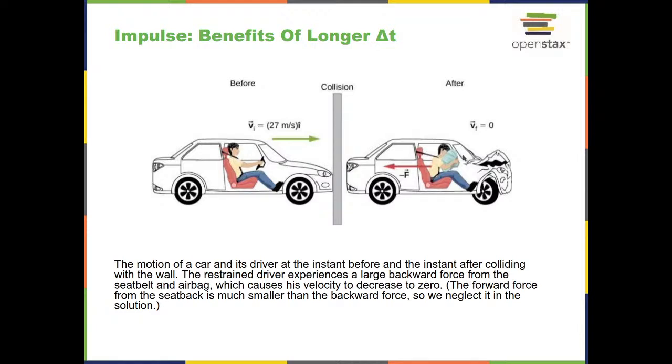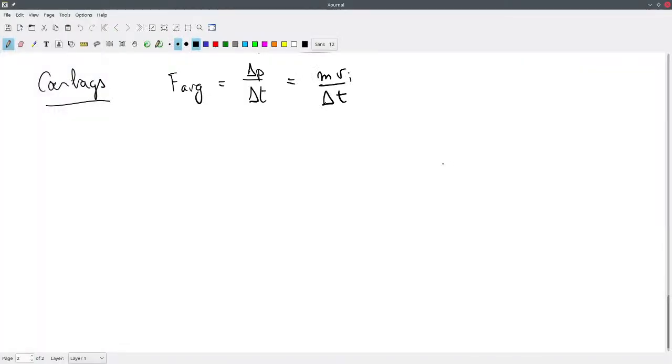Of course, there's going to be a force working on yourself as well. And if you're not wearing a seatbelt and you're not wearing an airbag, then you will hit the steering wheel, and the force will apply in a time interval that is relatively short. So no airbag, no seatbelt.